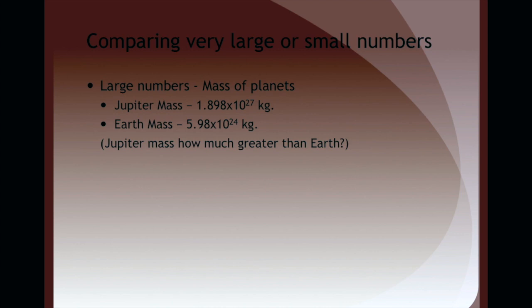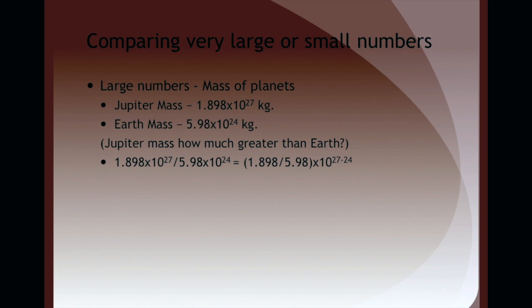If it is not in this form, then it is really tough to put 27 zeros in case of Jupiter mass and then 24 zeros in case of Earth mass. It becomes really tedious, but in this case we simply divide and the power of tens will automatically get adjusted using the law of exponents.